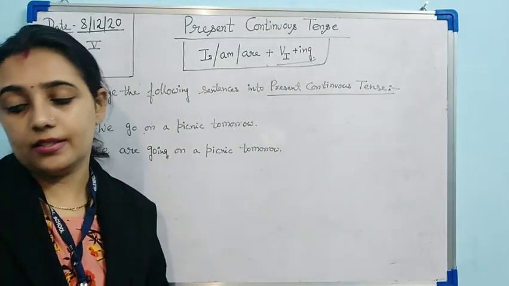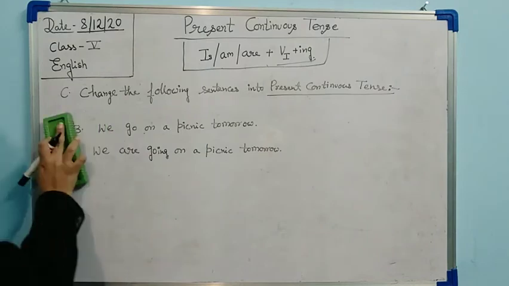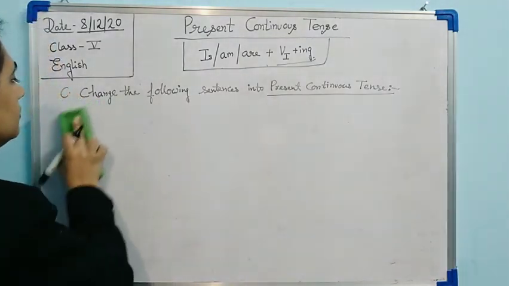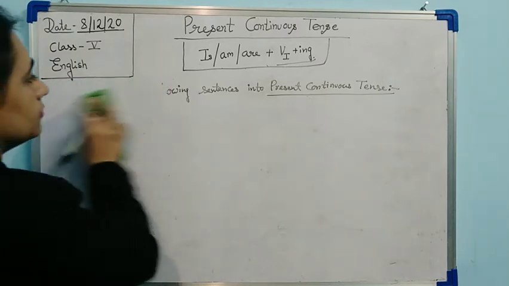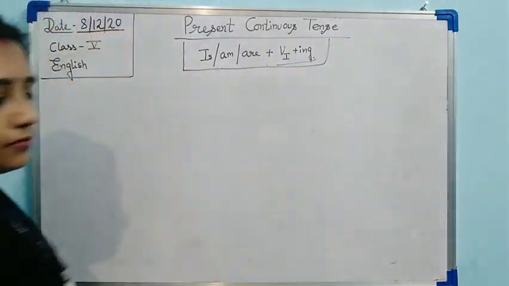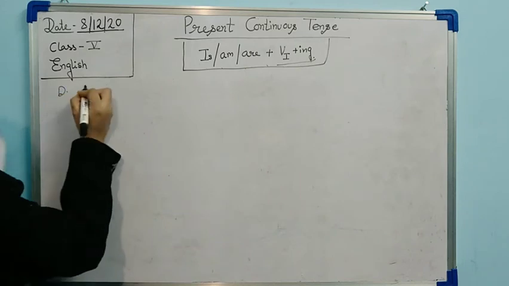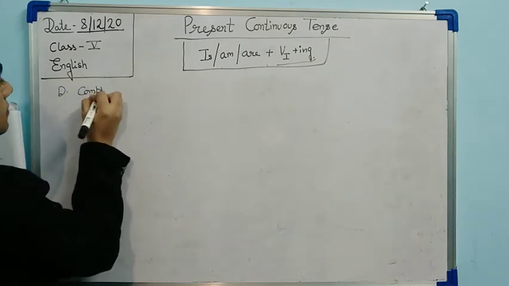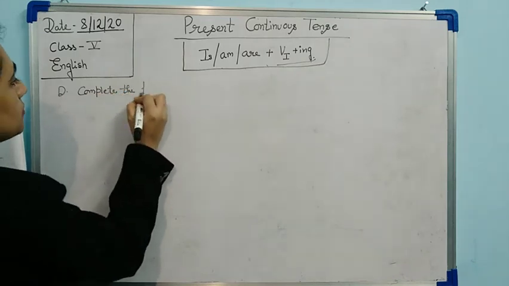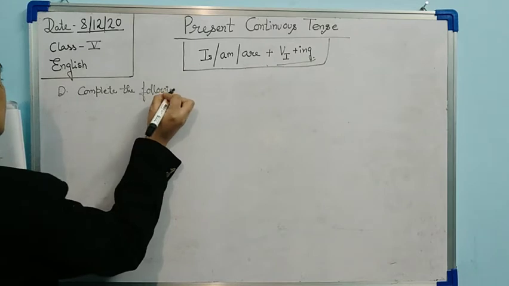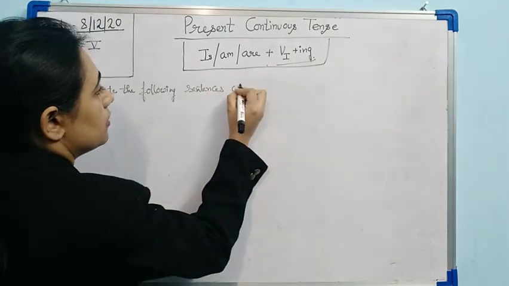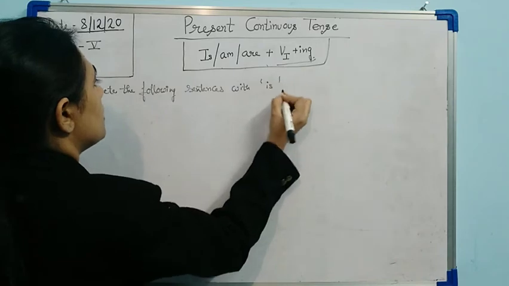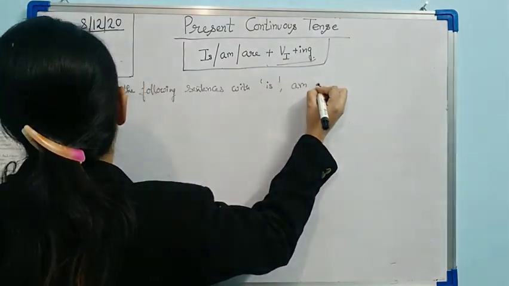Now we will discuss another exercise. Exercise D: Complete the following sentences with is, am or are.